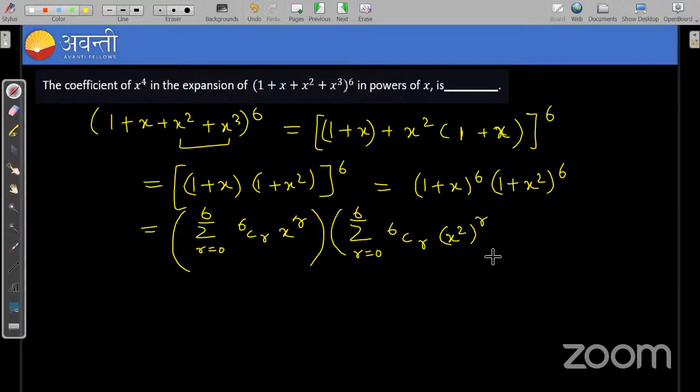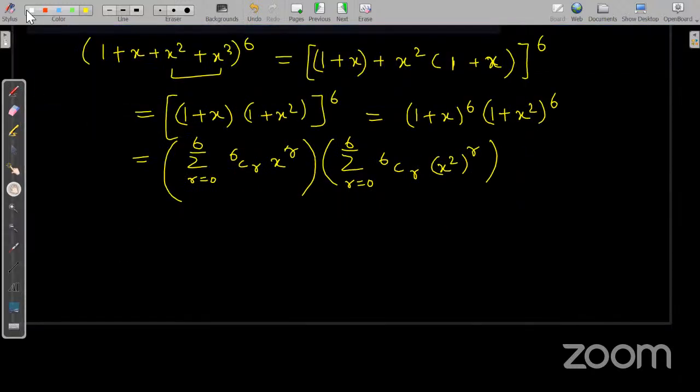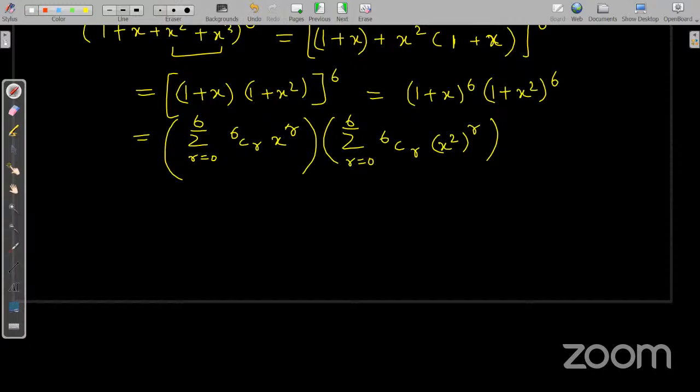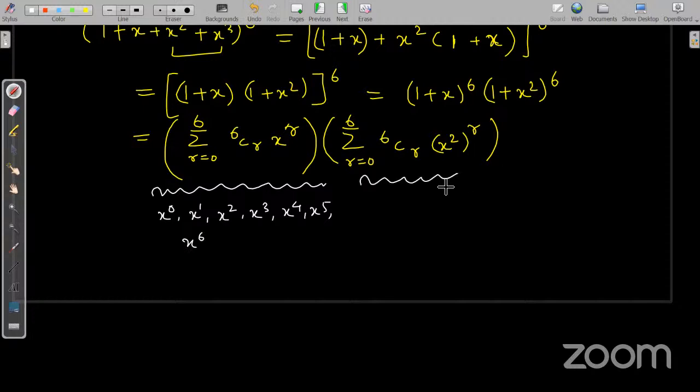In the first expansion, what are the exponents of x you are getting? If we open it, we get x to the power 0, 1, 2, 3, 4, 5, and 6. In the second expansion, you will get x to the power 0, and when r is 1, you get x square.